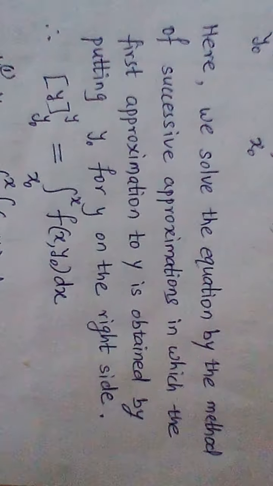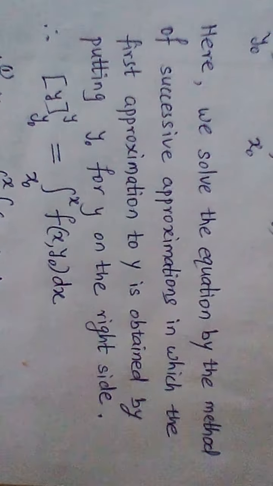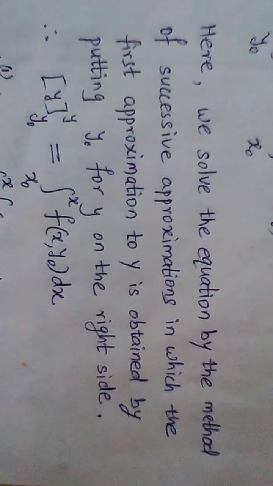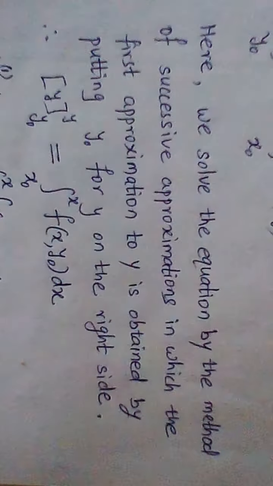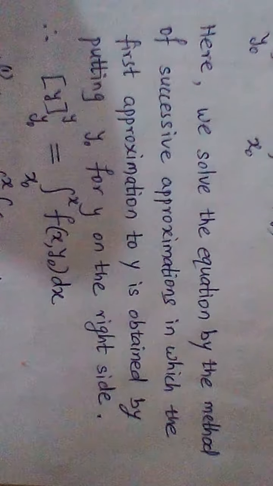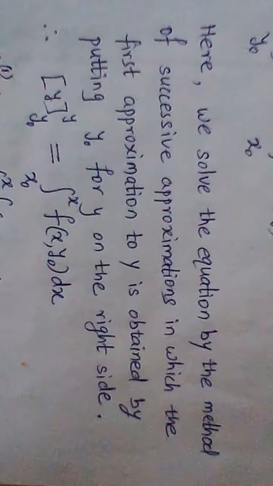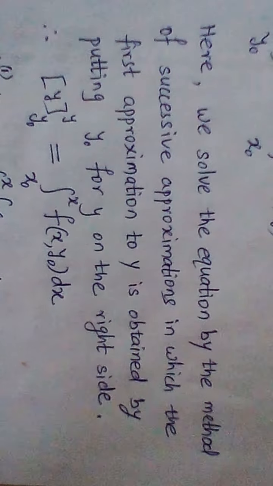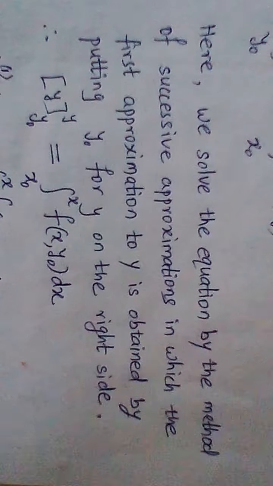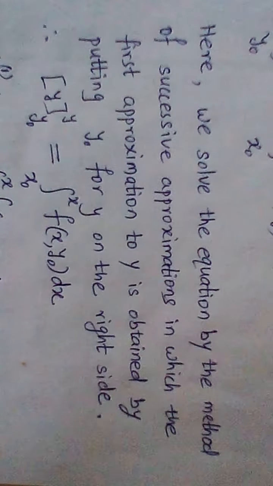Here we solve the equation by the method of successive approximations, in which the first approximation to y is obtained by putting y naught for y in the function f of x comma y on the right hand side. So what we get is, as I have already said, y between y naught to y. Right hand side is integration from x naught to x, f of x comma y naught dx.